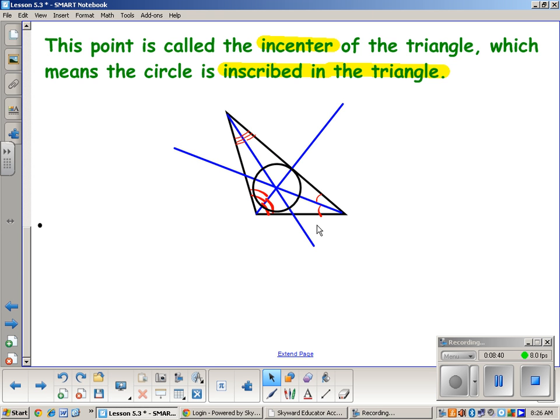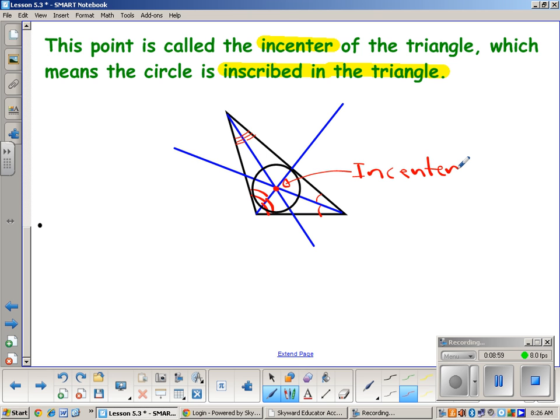And so when we did that, we would find the center where the 3 lines meet. That point of concurrency right here is called the incenter. That's called the incenter.